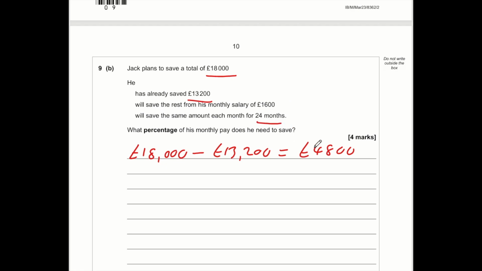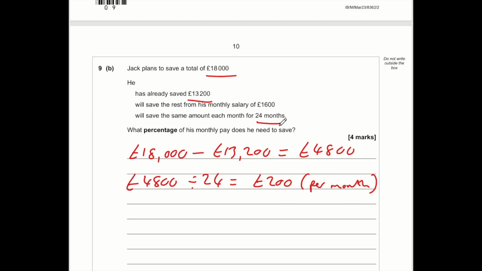So if I divide the 4,800 that he still needs to save by 24, that will tell us how much he needs to save per month. And 4,800 divided by 24 is 200. So this is how much he needs to save per month.